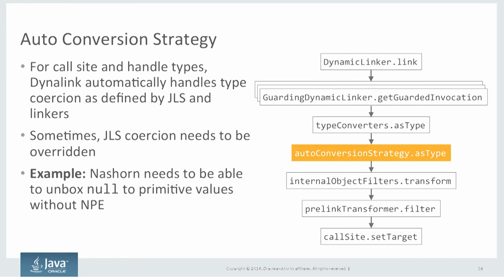Sometimes though, even the standard JLS coercion rules need to be customized. And such things can be plugged into the linking process here. Nashorn makes use of this capability in unboxing null to primitives. So in JavaScript, you can write these strange things like 7 plus null. And this is where the null will be converted or coerced to the right type and value.